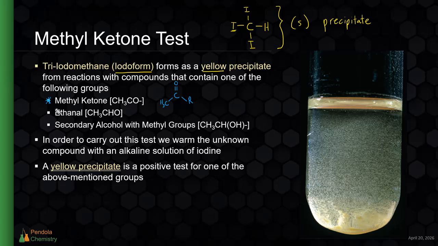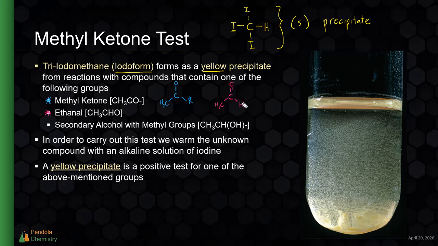Then we have ethanal specifically. Why ethanal? Methyl ketones, because of their R group, can be many different compounds. But ethanal is the only methyl aldehyde. So it's going to be a carbon double bond oxygen, the same functional group with the same CH3 on one side as the methyl ketones have, but because it's an aldehyde, the other side has to be a hydrogen, because being an aldehyde needs a hydrogen on the carbonyl group, unlike the ketone.